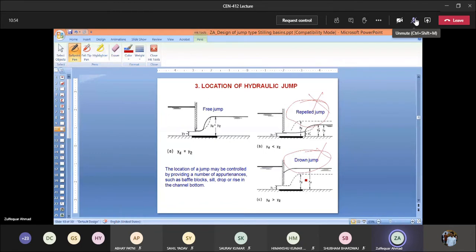And if it is a drowned jump, there would not be the desirable or required energy dissipation. What is required is the free jump. And what would be the location of that? I think you have already gone through it in channel hydraulics. I'm not repeating that. The only thing that I want to tell you is that the free jump is the desirable one.